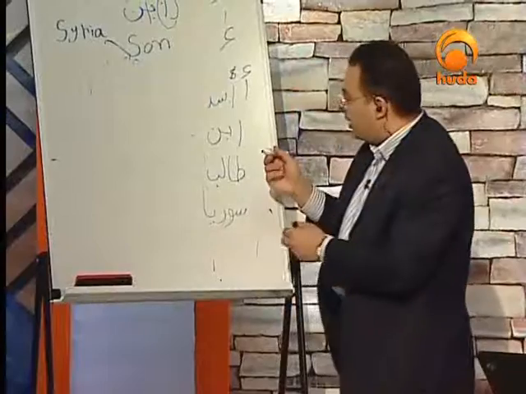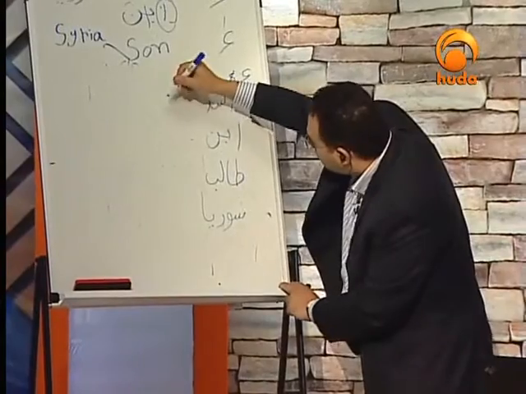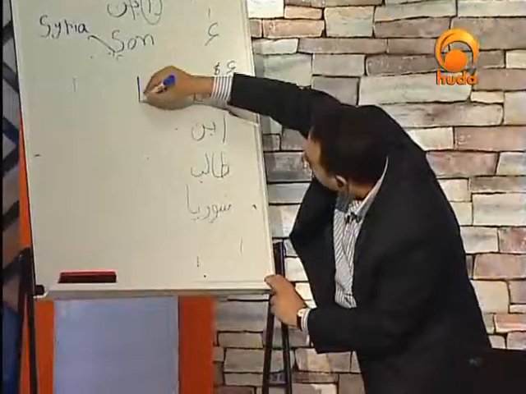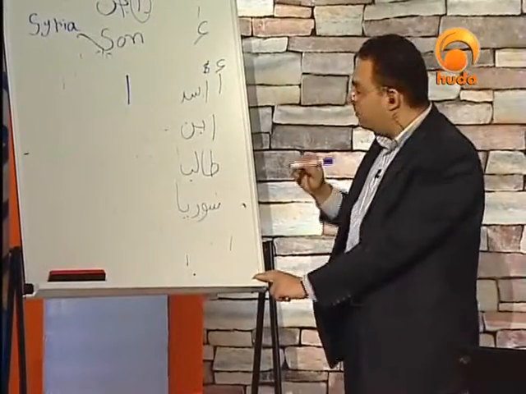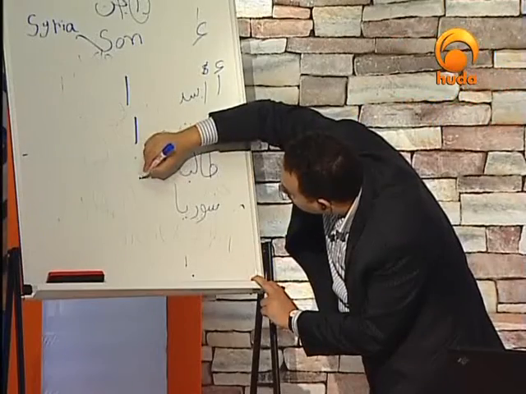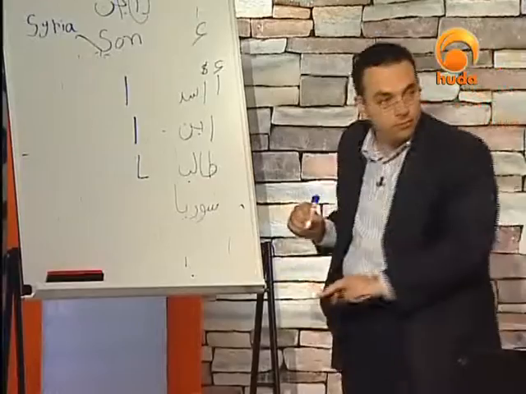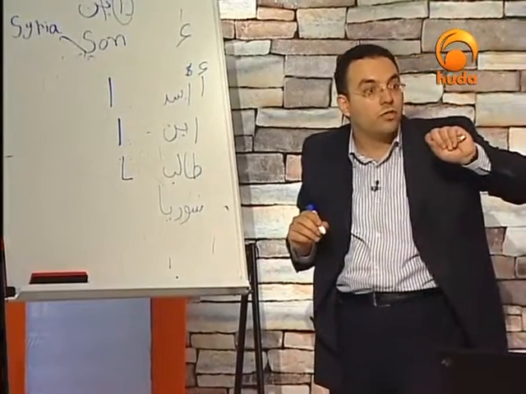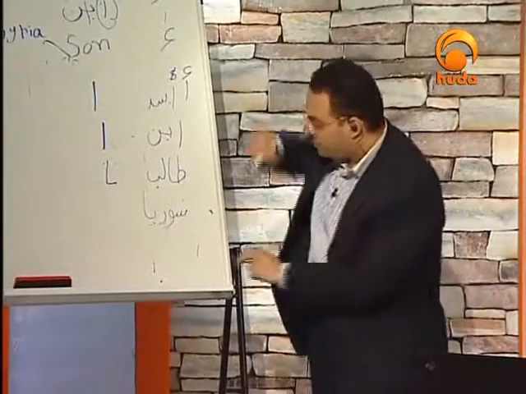If you'd like to write that once again, here it is. In initial position, please focus more attention on the top side of it. In Ibn, here it is down to up. Can you find the difference in writing here?